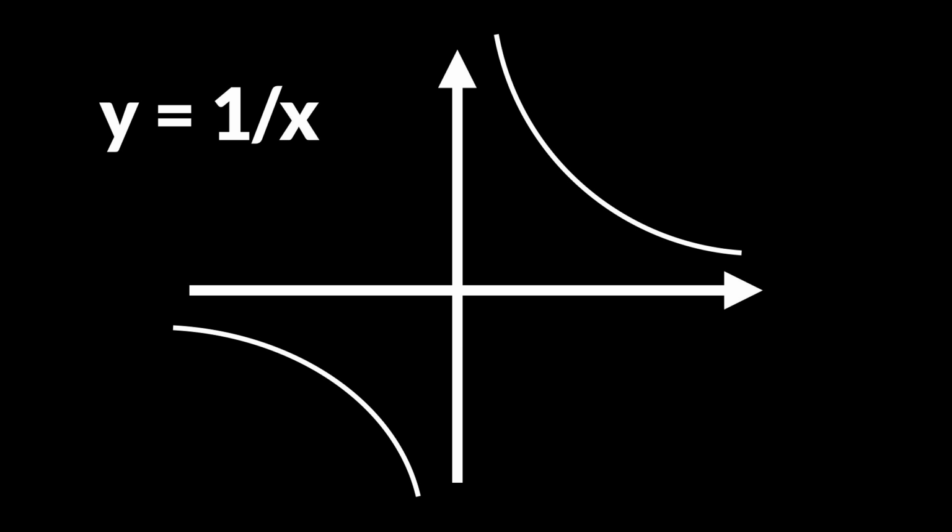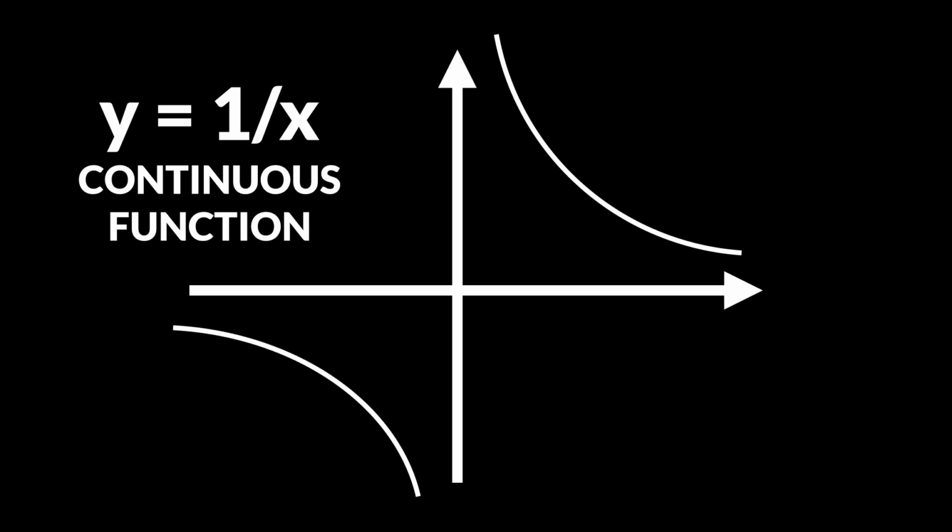You take a look, obviously the right hand and left hand limits for x equals 0 are not the same, which means that the limit doesn't exist, which means that there technically is no continuity at that point. But since x equals 0 is not in the domain of y equals 1 over x, it technically doesn't matter. It's still going to be a continuous function because it is continuous at all other points except for x equals 0.